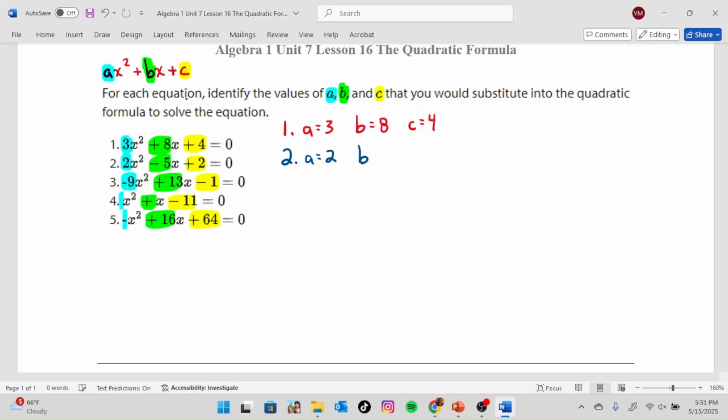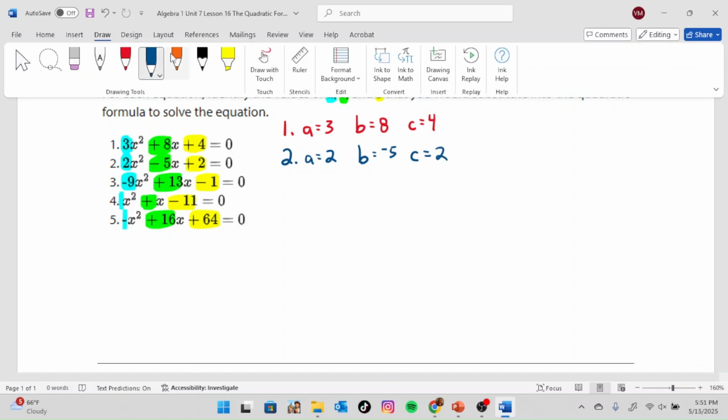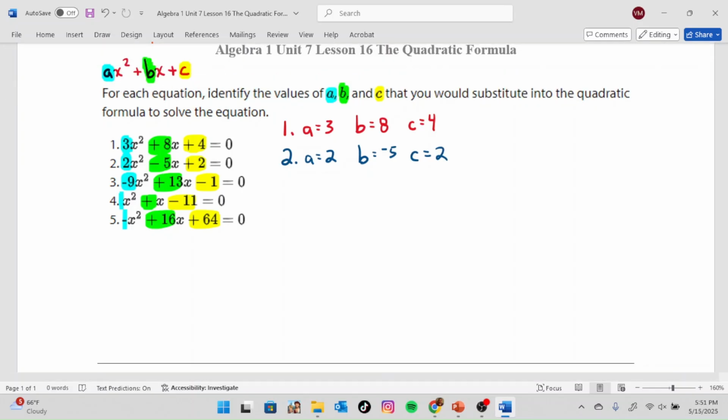We would say that B equals negative 5. And we would say that C equals positive 2. Number 3, we would say that A equals negative 9, B equals positive 13, and C equals negative 1.